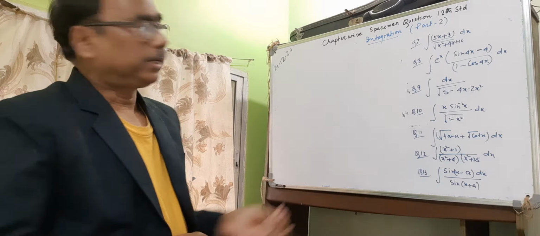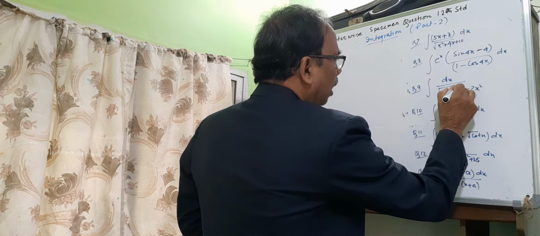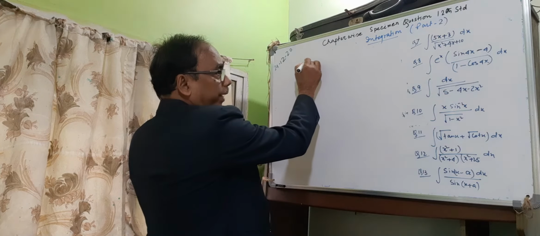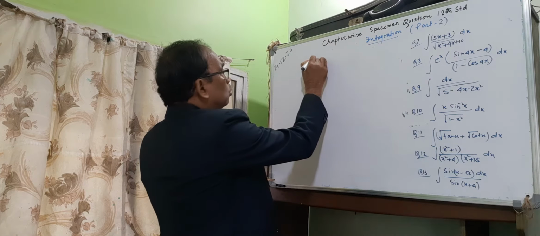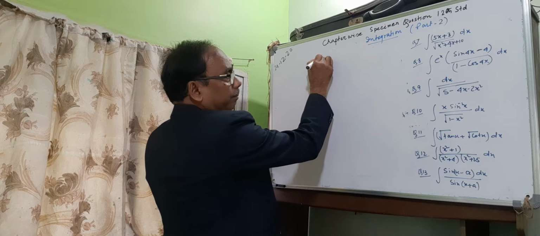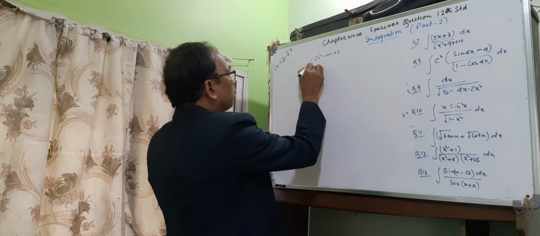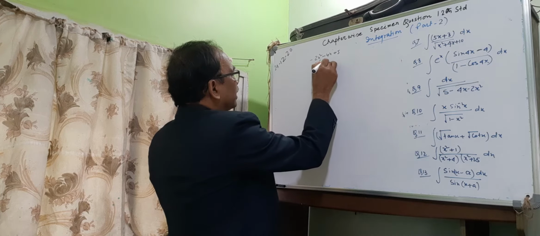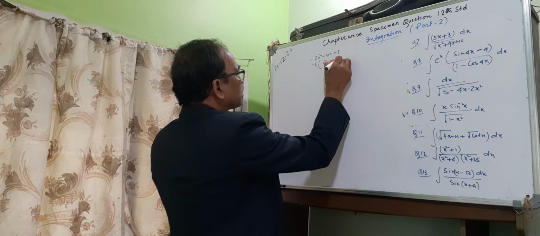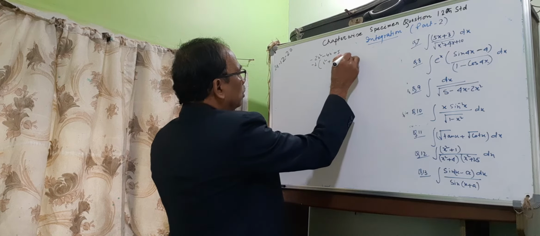Question number 9. This is the denominator, under the square root. First of all, take minus 2 common from minus 2x square minus 4x plus 5, giving x square plus 2x minus 5 by 2.